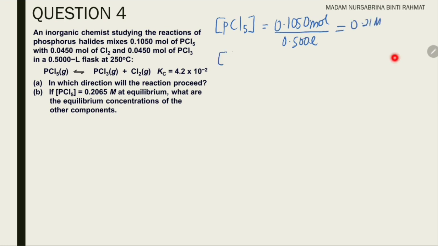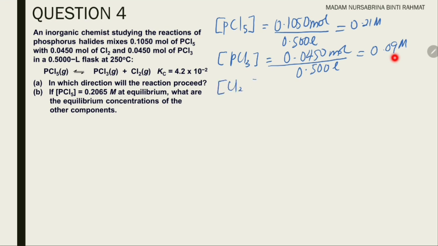For your PCl3, it's 0.0450 mole divided by 0.500 liter, so you will get a concentration of 0.09 molar. The same goes for your Cl2, which has the same moles, so it has exactly the same concentration as your PCl3, which is 0.09 molar.